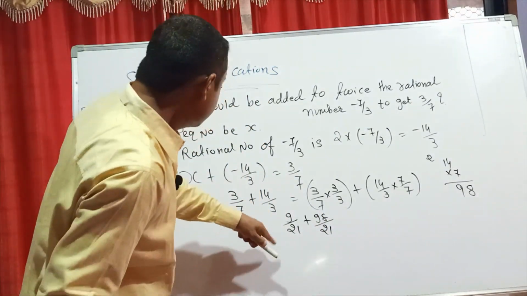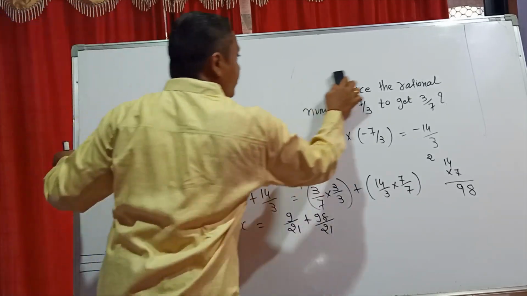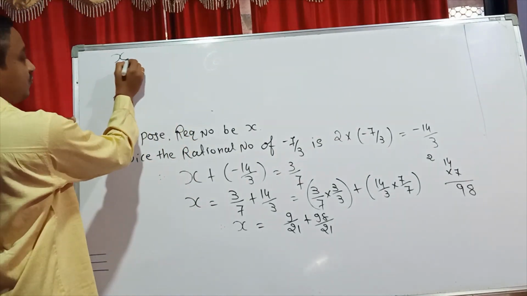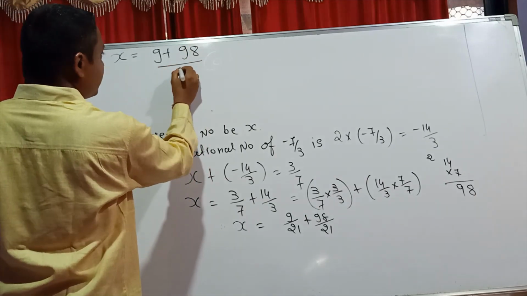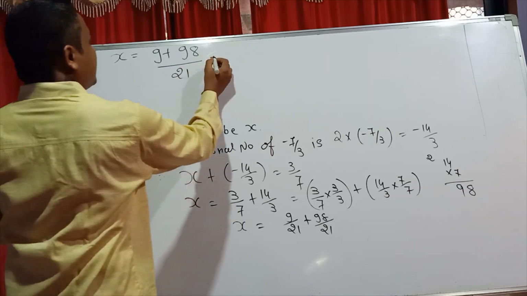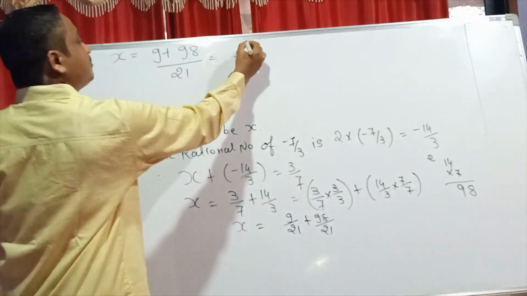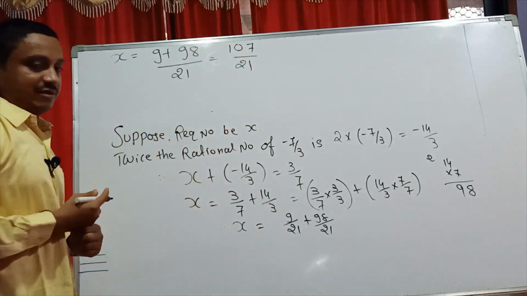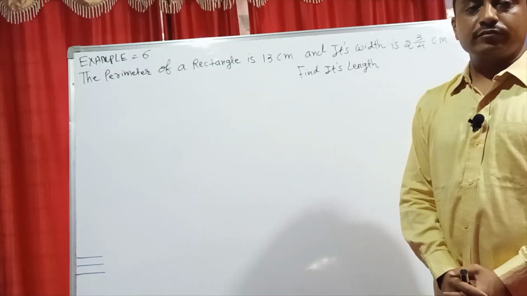So finally x is equal to 9 plus 98 divided by 21. 9 plus 98 is 107. Yes students, 107 by 21 is your final answer.